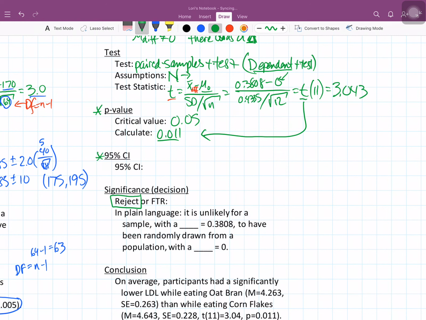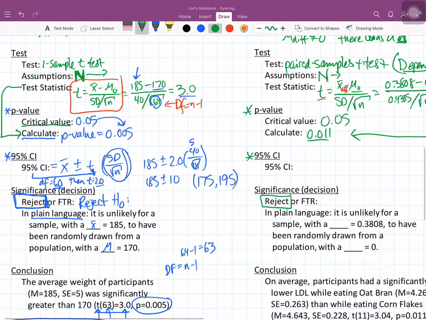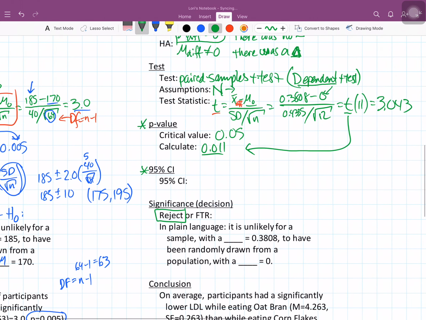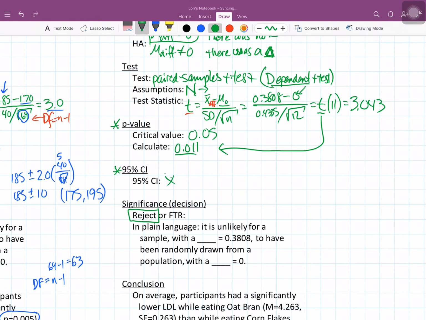We can also calculate a 95% confidence interval version, and hopefully you'll see also the similarities. The confidence interval is x bar of the difference, plus or minus the t-value times standard deviation over square root of n.